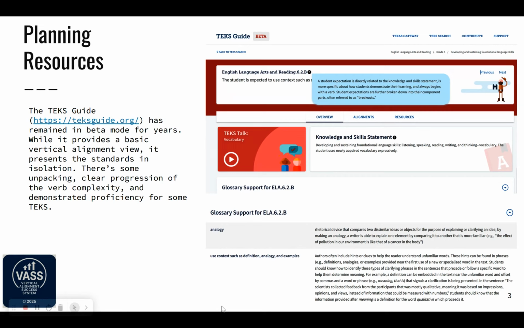And for some standards, you will see not only a glossary where it unpacks the skill, but they also supply you with demonstrated proficiency. But this is only for some of the standards, where you will get the demonstrated proficiency and the glossary unpacking of the academic vocabularies within the standard.